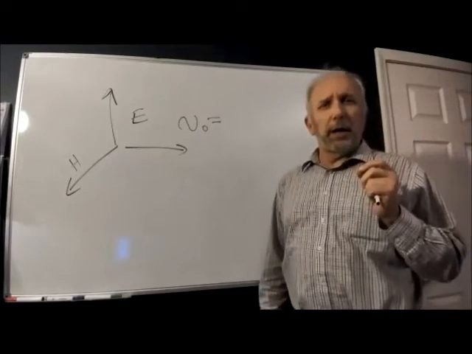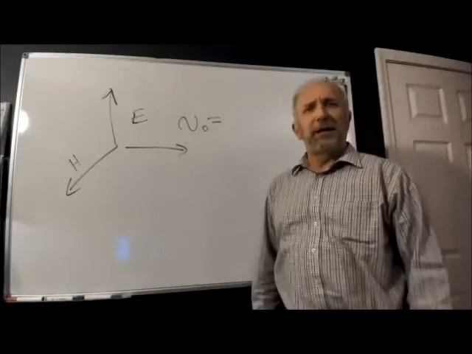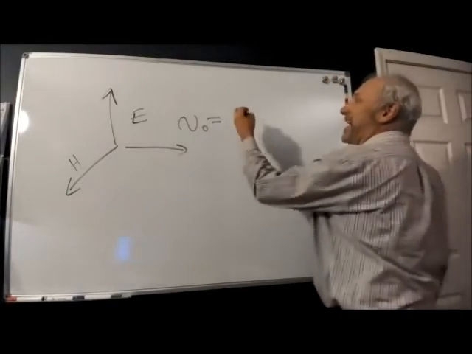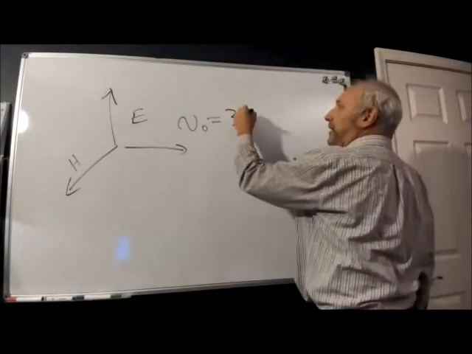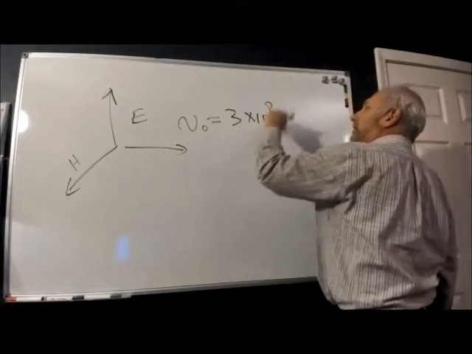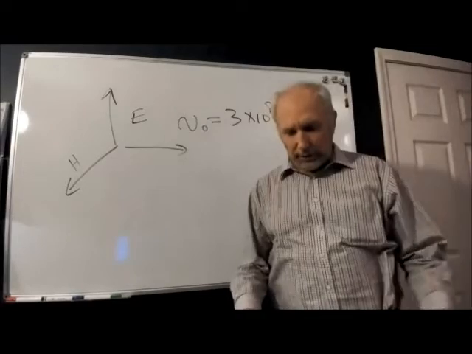There's the hard way, and then there's the engineering way. So we're going to do this the engineering way. 2.99 times 10 to the 8th is somewhere around 3 times 10 to the 8th meters per second. Close enough for what we're trying to do here.